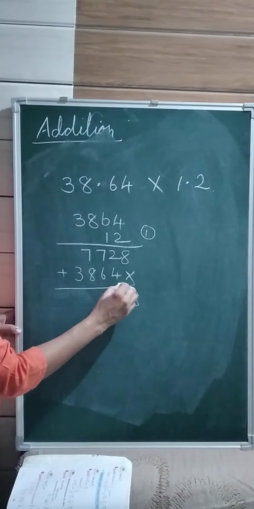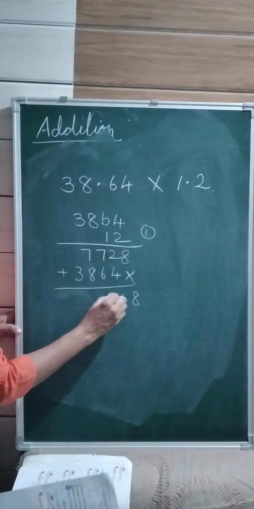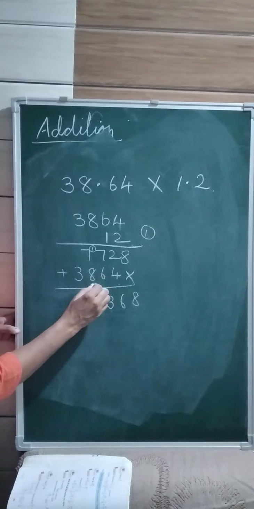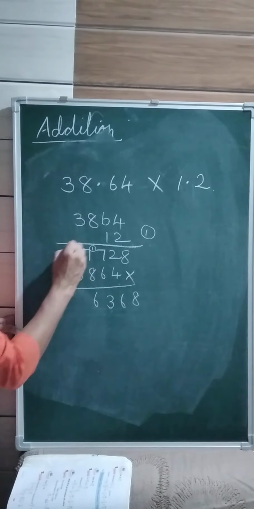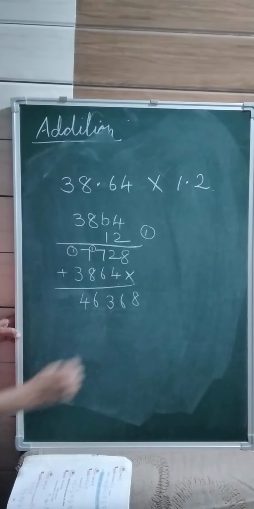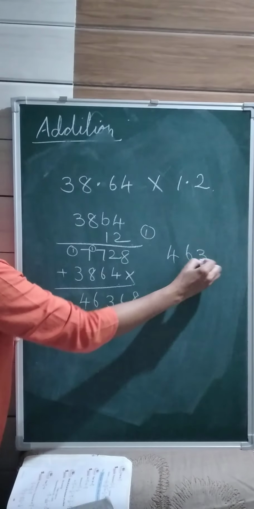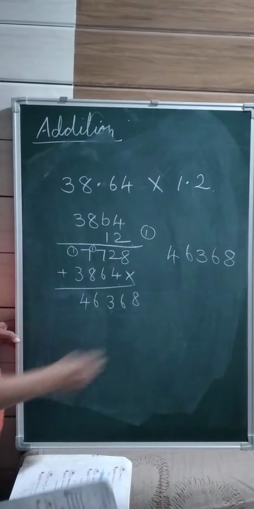Then 8, 4 plus 2 is 6, 7 plus 6 is 13, 1 plus 7 is 8, 8 plus 8 is 16, 1 plus 3 is 4. We got the answer 4 6 3 6 8.